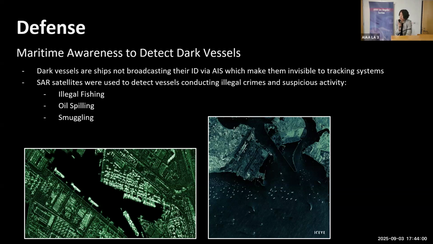However, there are a fleet of dark vessels that are typically employed to conduct nefarious activities, such as oil spilling, smuggling, and illegal fishing that do not have an onboard AIS system because they want to stay under cover. And in order to spot these dark vessels, ISI was able to spot them using their synthetic aperture radar satellites.